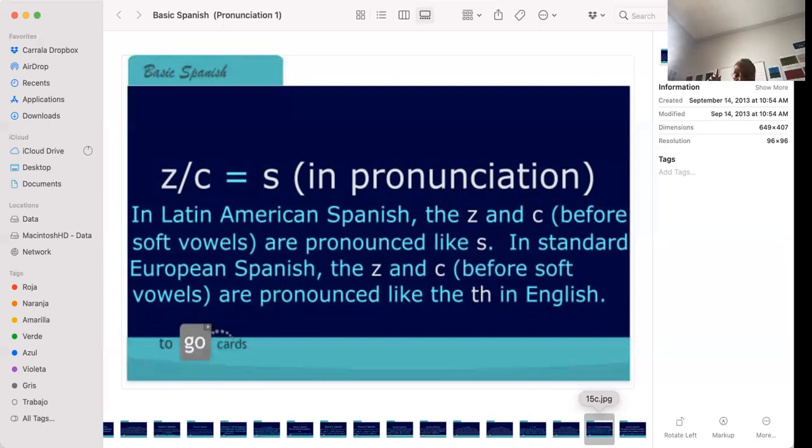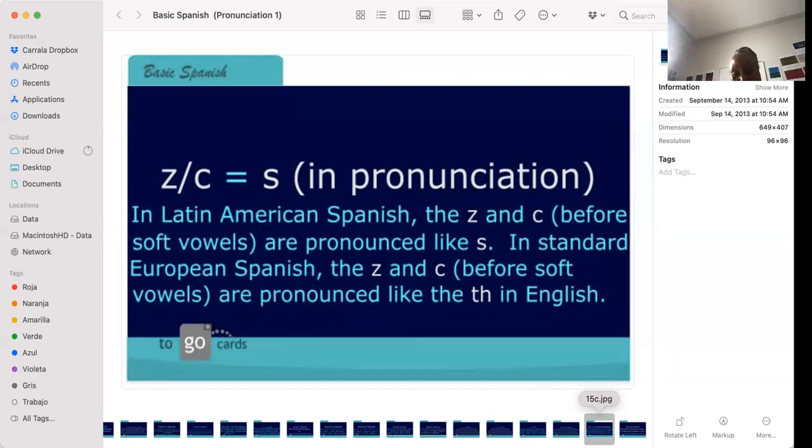Do not forget that the Z in Spanish has two sounds depending on what part of the Spanish-speaking world you come from. I think also in parts of Latin America, the Z sound also sounds like the TH. Okay, so that's it. I'm not going to put too much in there. I hope I'm clear.